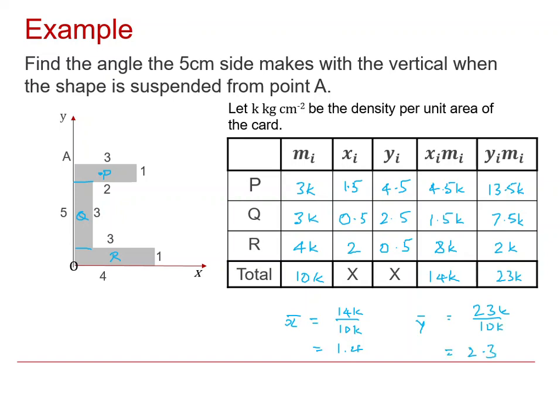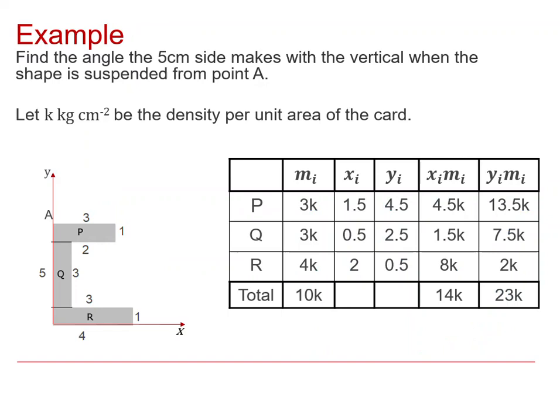So I said it was about there, didn't I? That's perhaps just ever so slightly on the low side. But 1.4, 2.3 will be the coordinates of the centre of mass. So there are the figures in a tidier version, and the answer is the centre of mass with that coordinate system is 1.4 centimetres, 2.3 centimetres.